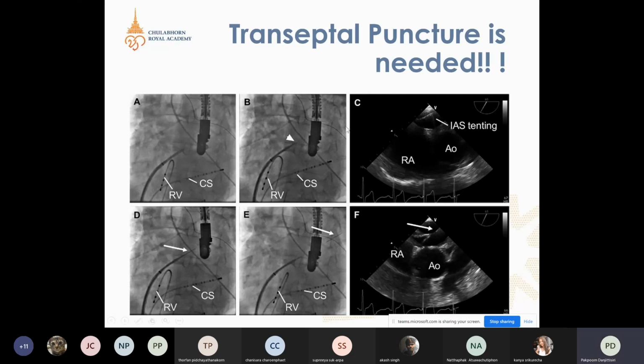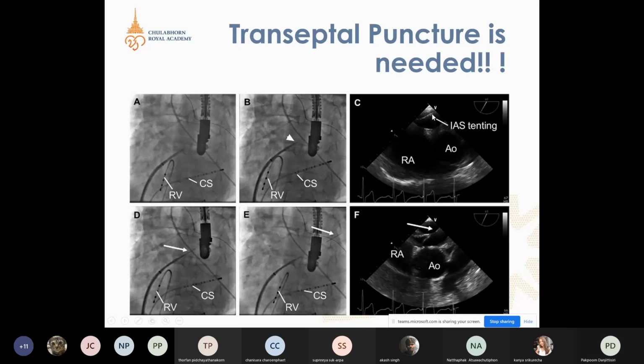During the puncture, the doctor is advancing the Brockenbrough needle, and will confirm with the TEE the atrial septum tenting that shows on the TEE.